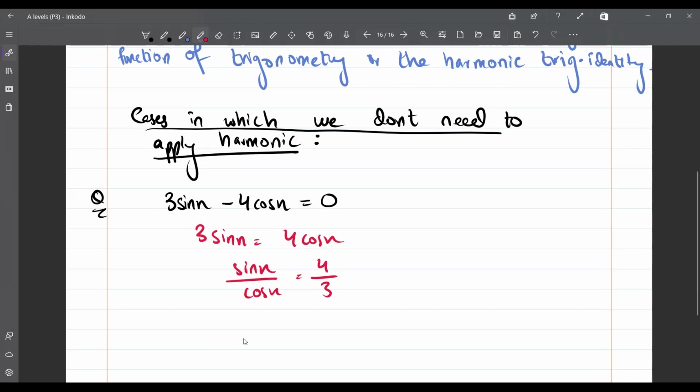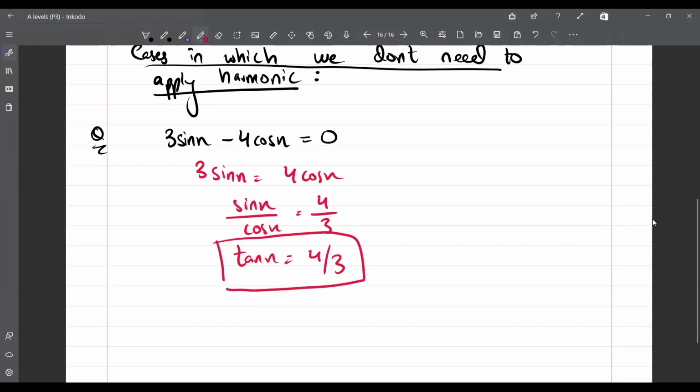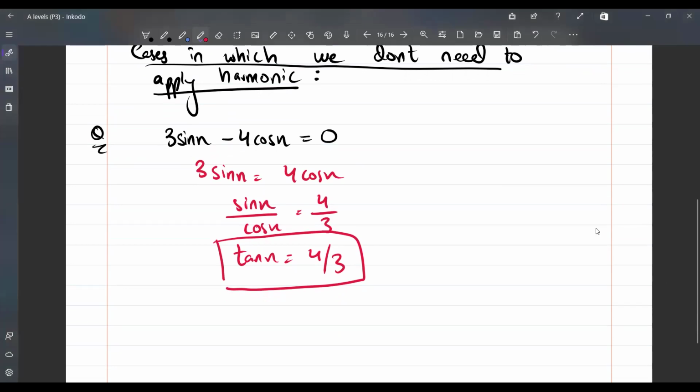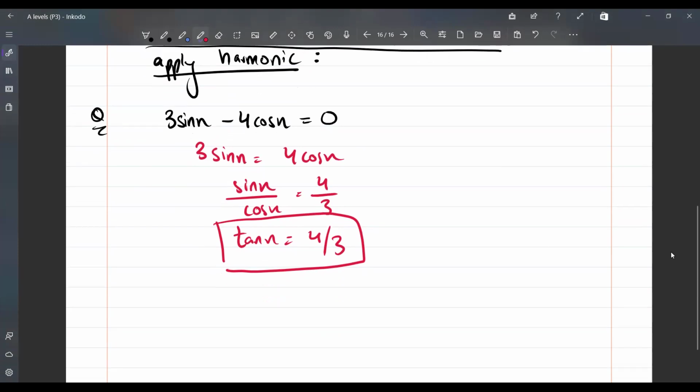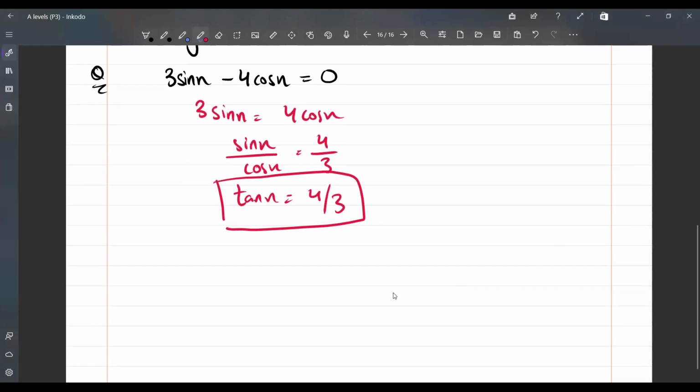And sine x over cos x is tan x. So we can solve for tan x then. If we solve for this, we will surely get the answer. So in this case, we do not need to apply harmonic trigonometric identities or the function of trigonometry because it can be solved without it. Let's just solve it as well.